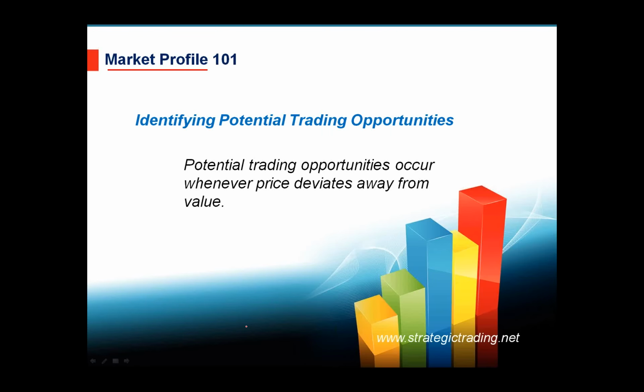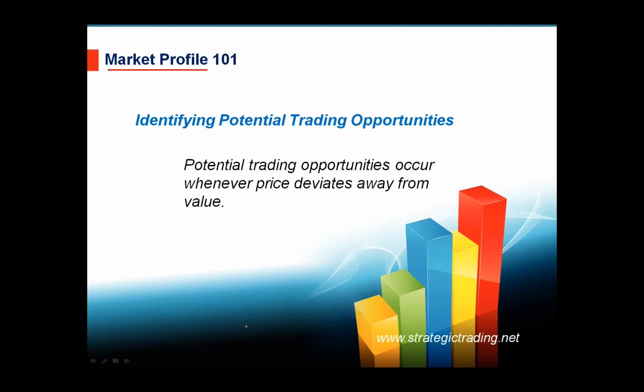All right, now that we know where the value area is and we know how to identify it, what is the significance of that? The significance is the value area easily identifies for us potential trading opportunities. And here's a very simple rule: potential trading opportunities will occur whenever price deviates away from value.